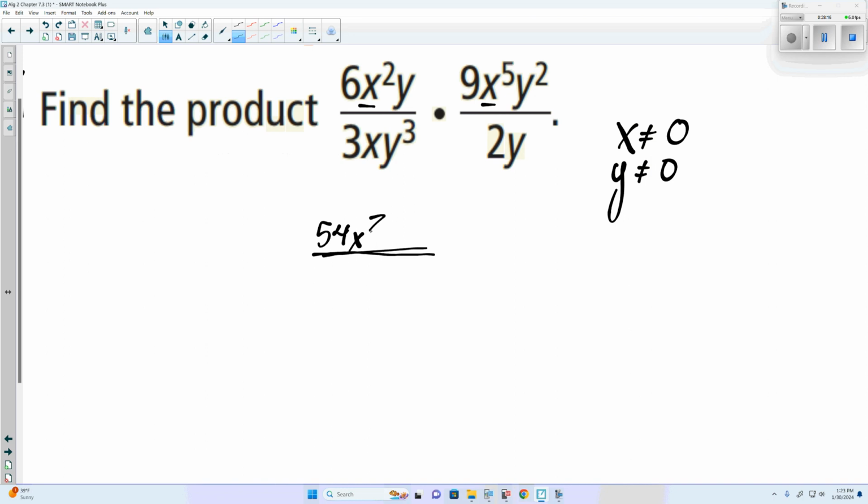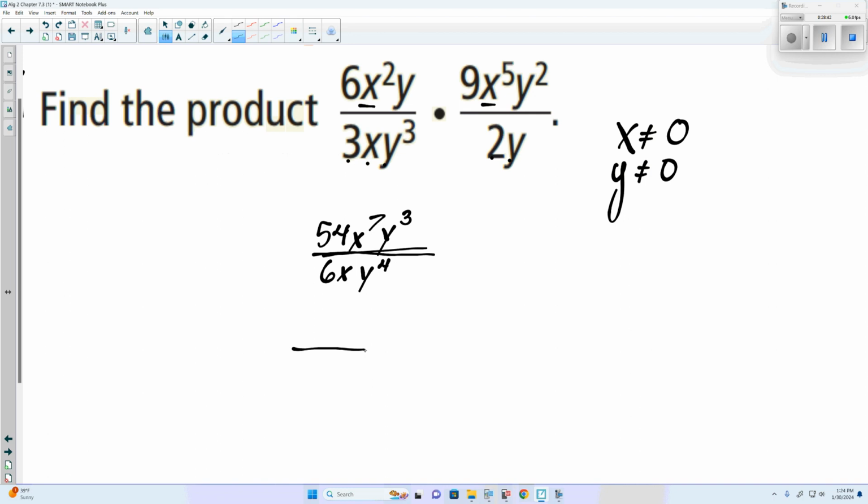Y times y squared would be y to the 3rd, because 1 plus 2 gives us 3. Now the denominator, our 3 times 2 is? We only have one x located in our two denominators that are being multiplied together, which just gives us x. Now we have y to the 3rd times y, which would be y to the 4th.